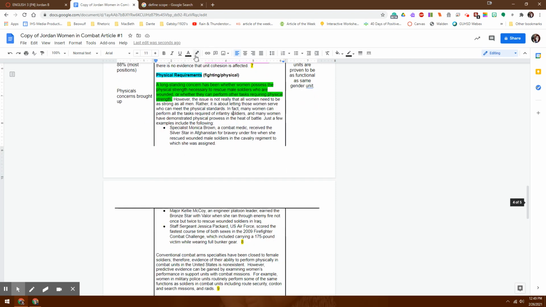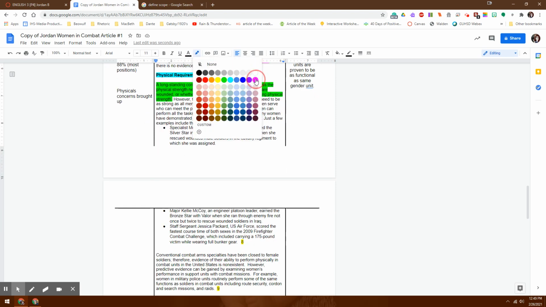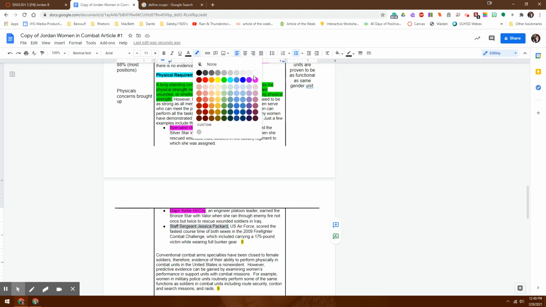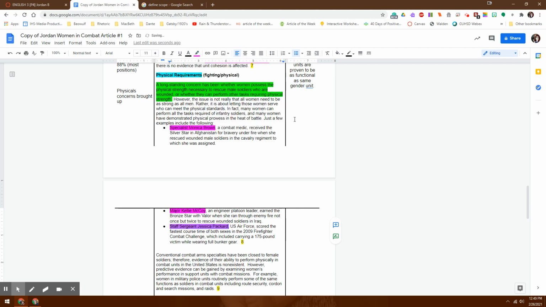But we have a lot of really good, strong pieces. So I'm just going to highlight the names of the women here because all of this can serve as evidence for why they should be allowed. So while we have this idea that yes, there are some physical concerns, there's a lot of evidence saying that most women should be able to be in the military, in the combat part anyway.